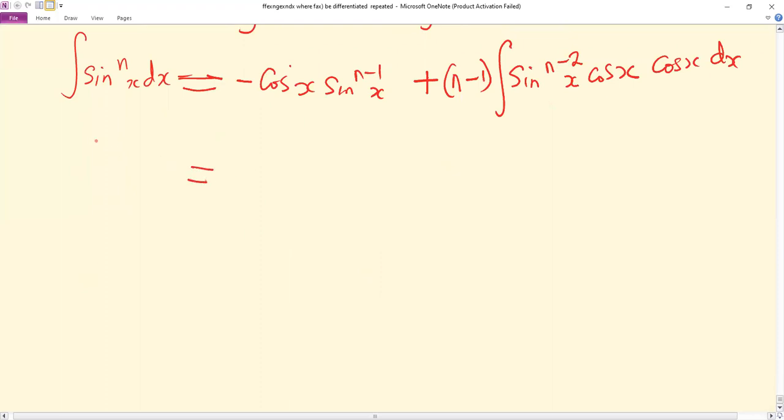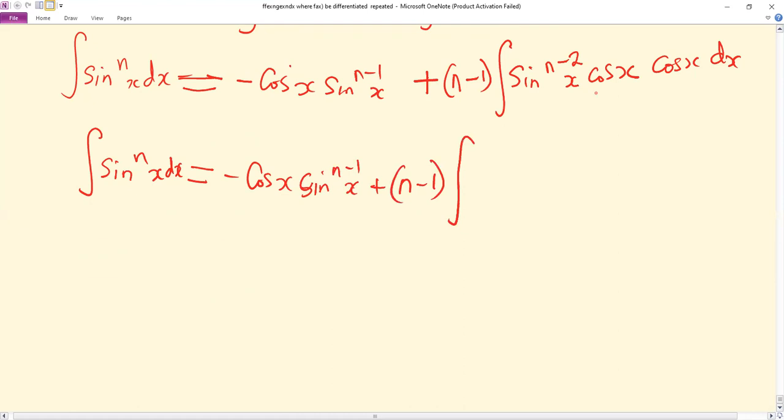which will give us the integral of sine power n of x dx is negative cos x sine n minus 1 x plus n minus 1 times the integral of sine n minus 2 x cos squared x dx. But we know that cos squared x is 1 minus sine squared x.